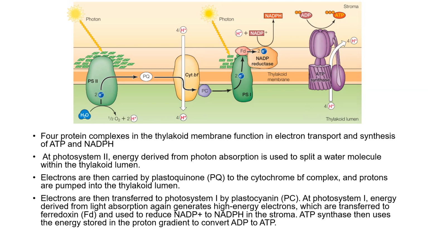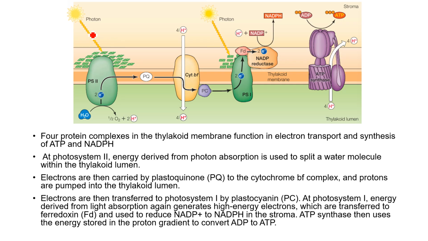Okay, so let's learn about this process very quickly. Similar to what we were studying in mitochondria, the same thing is taking place here, because the chloroplast also helps in the generation of ATP. This is the light reaction.